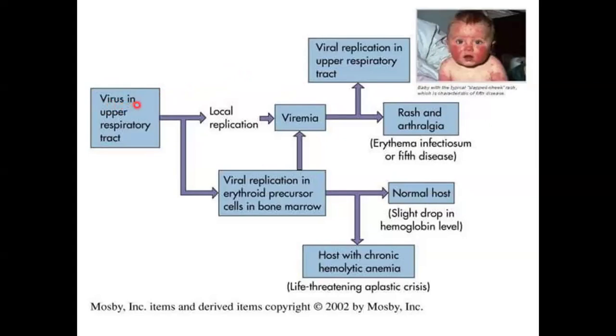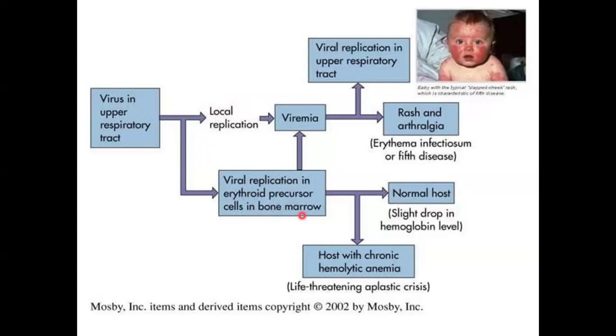So the virus in the upper respiratory tract, what happens is there'll be local replication. One thing I want you guys to understand is pathogenesis does not occur in the respiratory system. As much as, yes, you get it via the respiratory system, but replication occurs in erythroid precursor cells in the bone marrow.